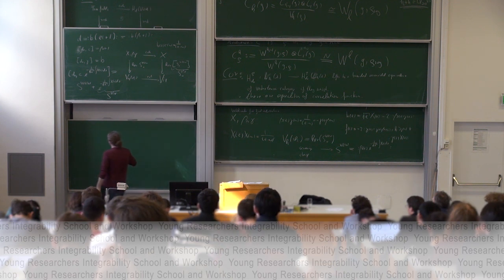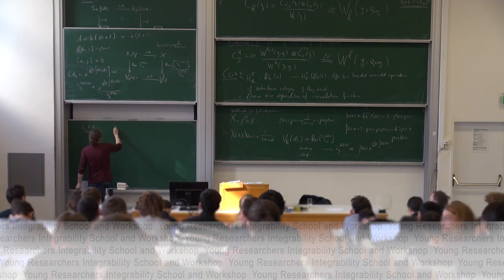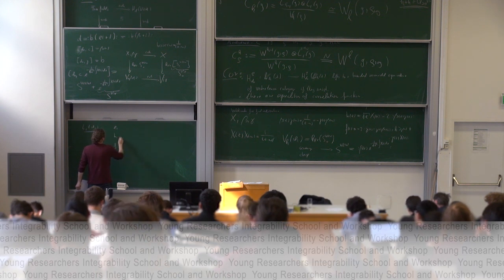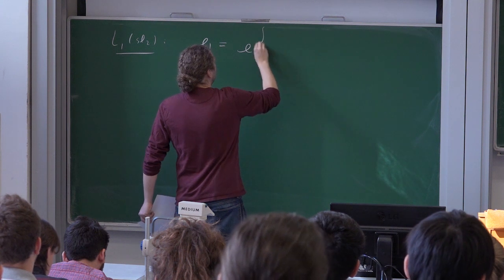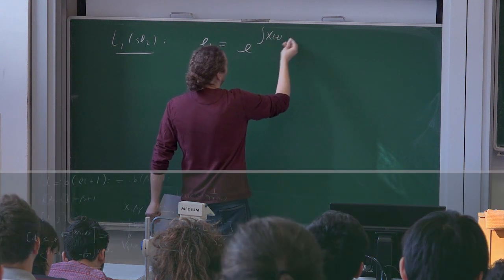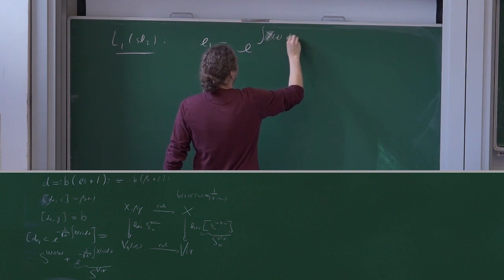So we repeat this now, but I first have to tell you a little bit about SL2 at level 1, because it also has a very nice free field realization, namely in terms of exponentials of free boson vertex operators.